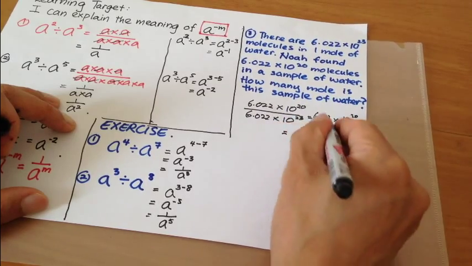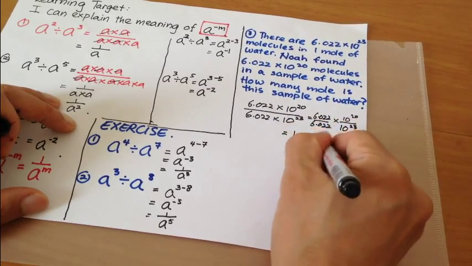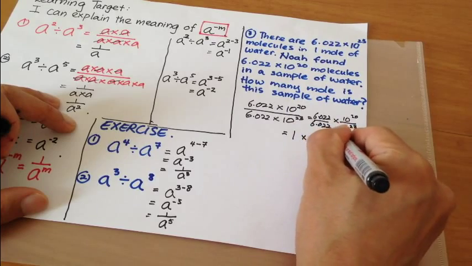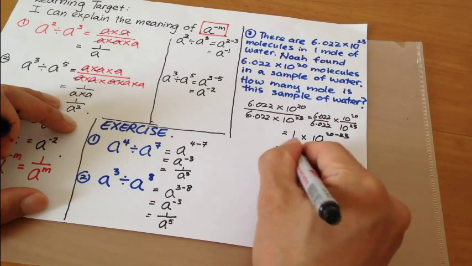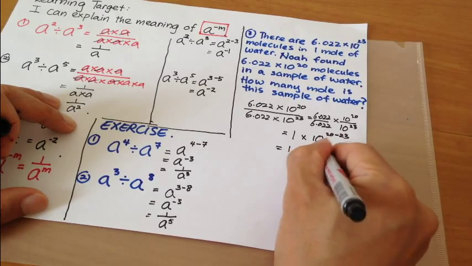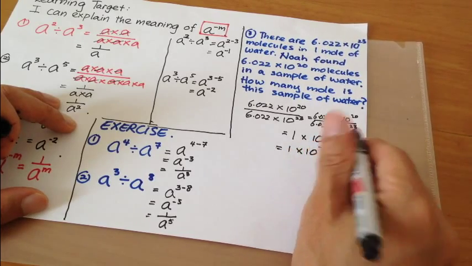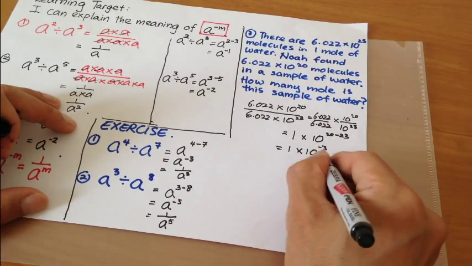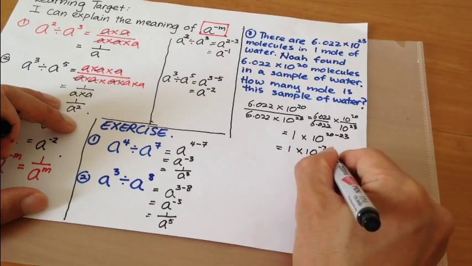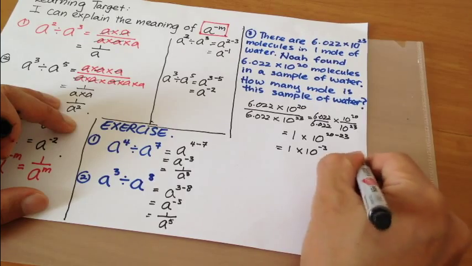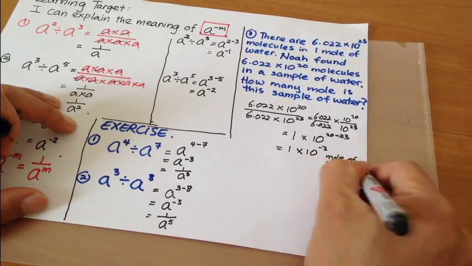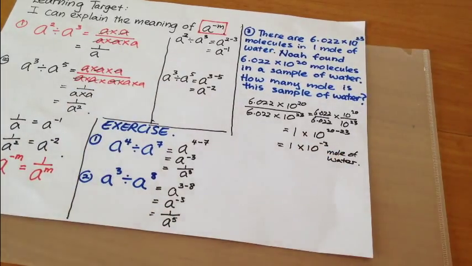That gives me 1 times 10 to the power of 20 minus 23, or 1 times 10 to the power of negative 3. So in the context of this particular question, it is 1 times 10 to the power of negative 3 mole of water.